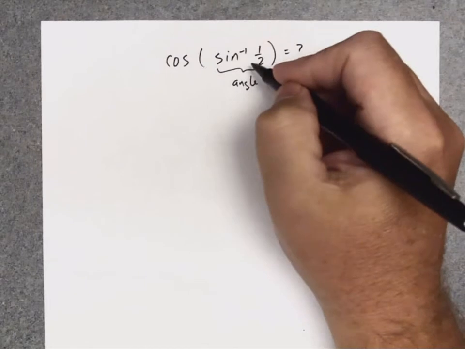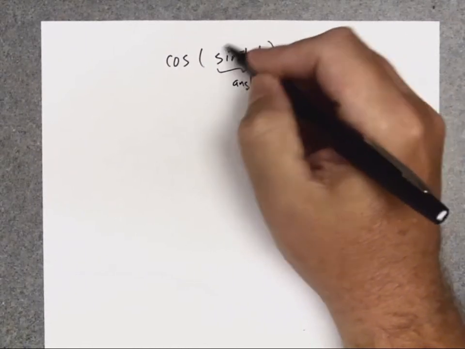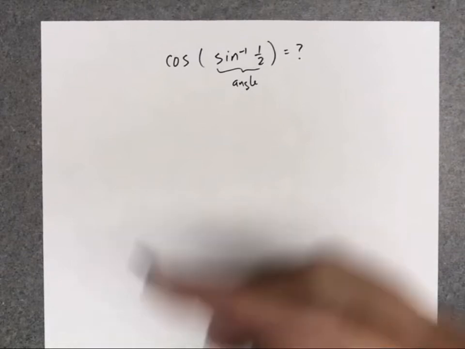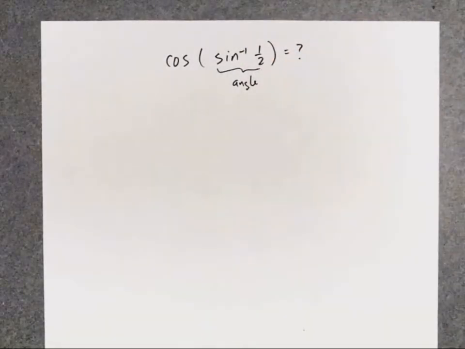Now in this case, in my head, I can determine this angle, because this is going to be one of my special trig angles. In a minute, we're going to do a problem where it's not a special angle, and then you're going to have to do some extra work.